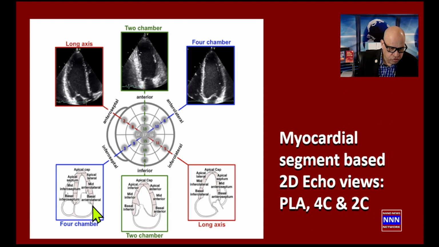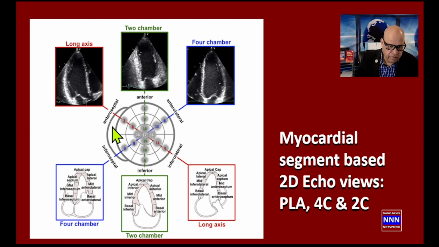Then we are going to see a 4-chamber view. Here we have the inferoseptal region, and this is the anterolateral area, and of course the base, the mid, and the apex. So this is the 4-chamber view, which is sort of 60 degrees to the parasternal long axis, and that's very important to understand.